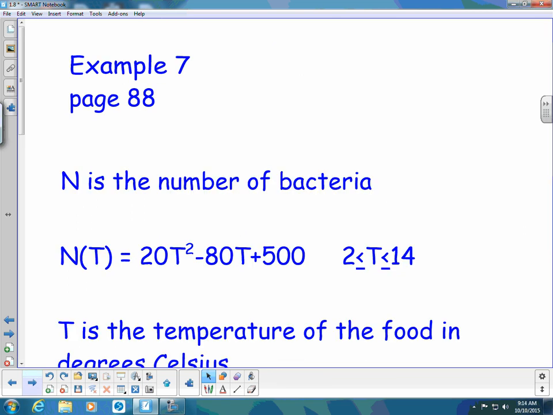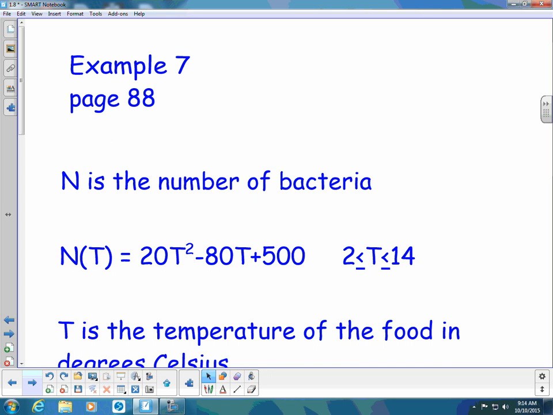Okay, there is a nice example on page 88 of your book, example 7. That example talks about bacteria in food, and it says the number N of bacteria in a refrigerated food is given by this function, capital N of T equaling 20 T squared minus 80 T plus 500, where capital T is between 2 and 14, and capital T is the temperature of the food in degrees Celsius.